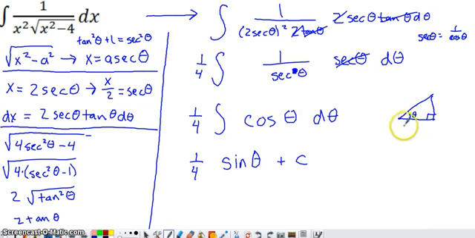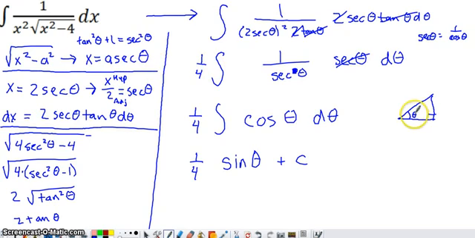Secant is 1 over cosine. Cosine is adjacent over hypotenuse. Secant, therefore, is going to be hypotenuse up top and adjacent in the bottom, right? Secant is the reciprocal of cosine. Cosine is adjacent over hypotenuse. The reciprocal of that's going to have hypotenuse up top and adjacent in the bottom.